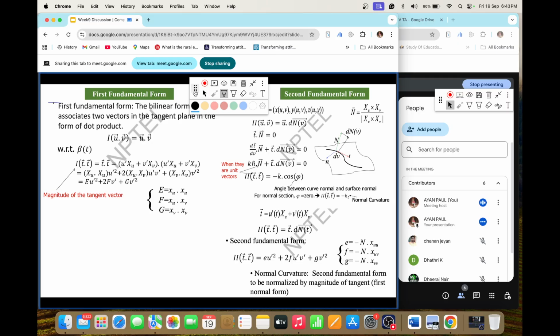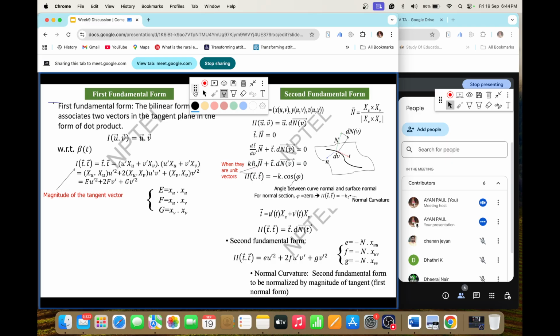That means it shows us how the surface is changing, with respect to the normal or tangent, etc. So the second fundamental form tells us how the surface is changing. But the first fundamental form is an intrinsic surface parameter, which means it gives only the calculations on the surface.